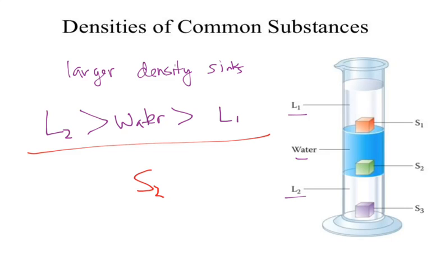We could go back and rank it against the solids, it's not a bad idea, but I want to look at the liquids first. It's less dense than liquid 2, because that's why it's on top of liquid 2. It's more dense than liquid 1, but it's not interacting with liquid 1.